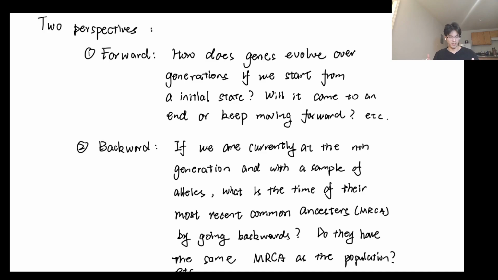Will it come to an end, or does it keep moving forward? For example, if a single allele is contained in the initial generation, what is its frequency in the nth generation, or in the evolving process? Does it change over time, and how? This is the forward perspective.